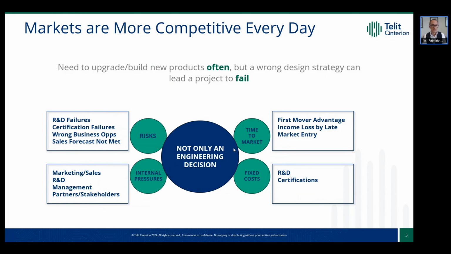Also, you have to take into consideration the internal pressures that you have from different business units. I hear this thing quite often. From a technical point of view, for example, you don't need a 5G connection, but your marketing department, business unit, is pushing you to choose a 5G connection just for marketing purposes that are quite important to be considered, of course.